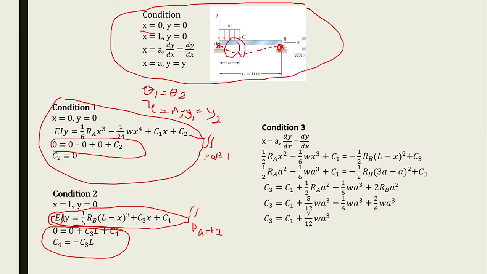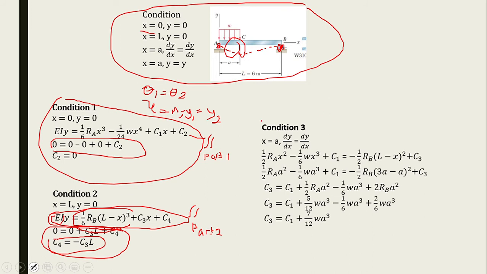This is 0, this is 0. When x equal to L, we get C4 minus C3 times L.